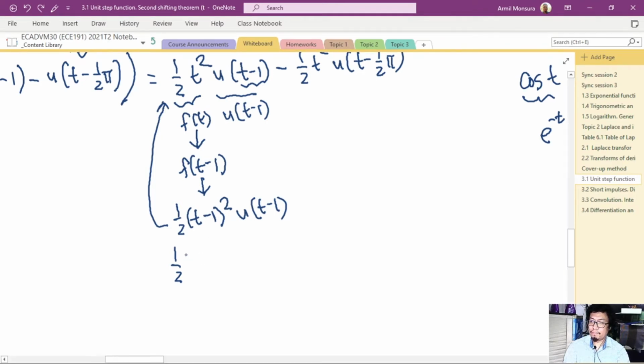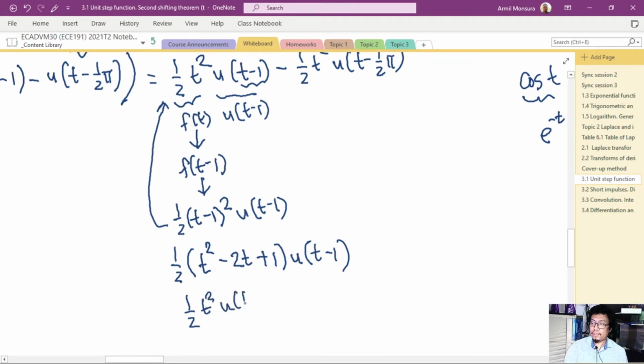So that's t square minus 2t plus 1 times u of t minus 1. Okay? So, if we expand this completely, we will have 1 half of t square u of t minus 1, minus, this is 2t times 1 half, so that becomes t, t times u of t minus 1.